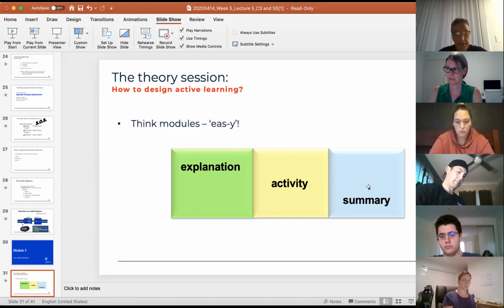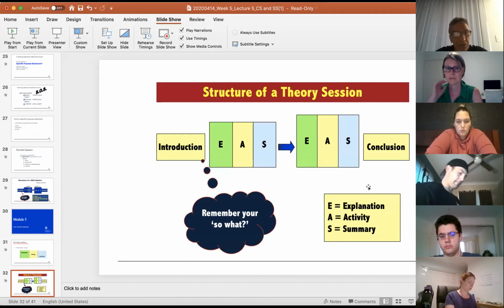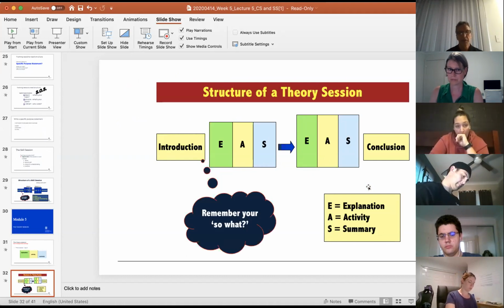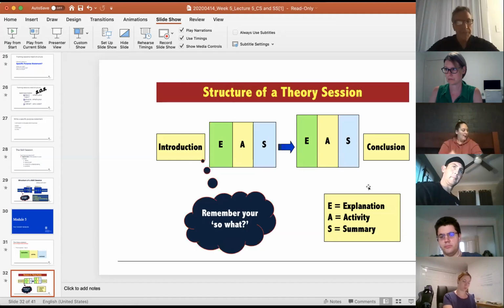Okay, so there's the structure of the theory session. You have your introduction. Remember your so what. Again, in the introduction, you want to get people to buy in because it's important to them. So all the time in this course, I try to do the introduction to the lectures as to why it's important.